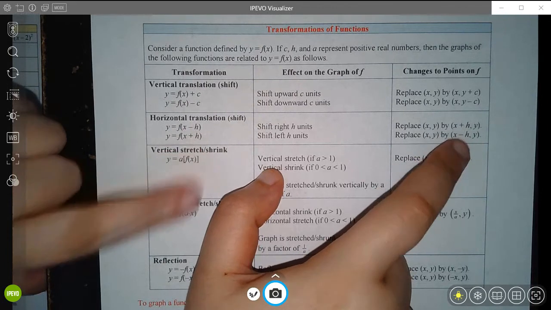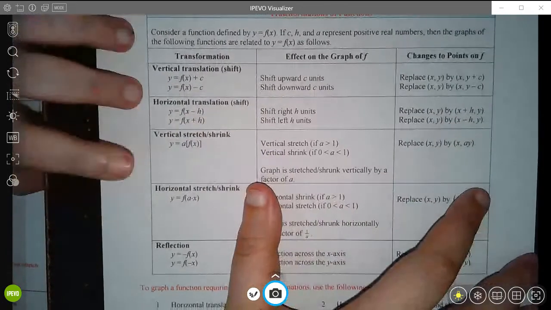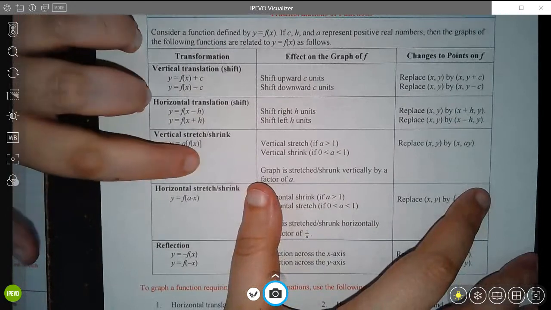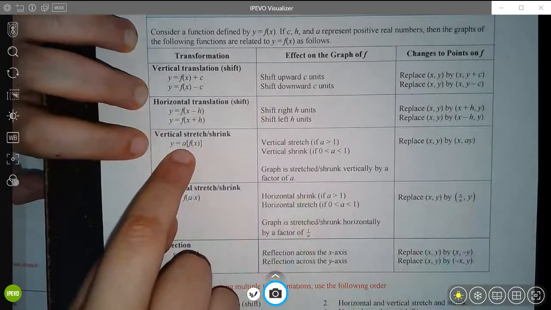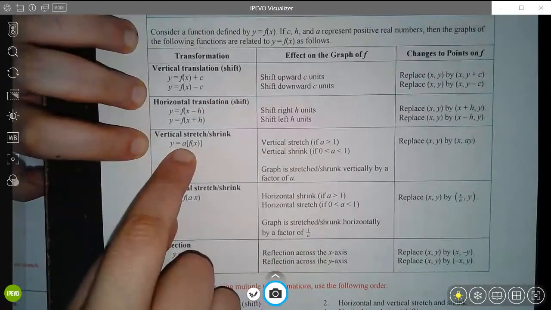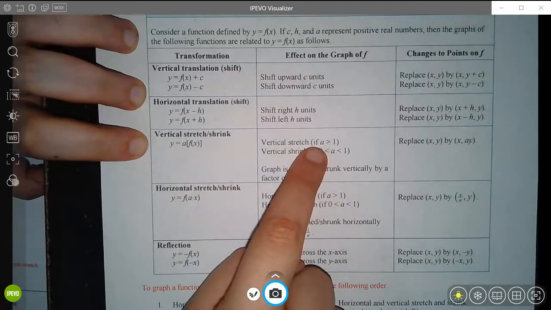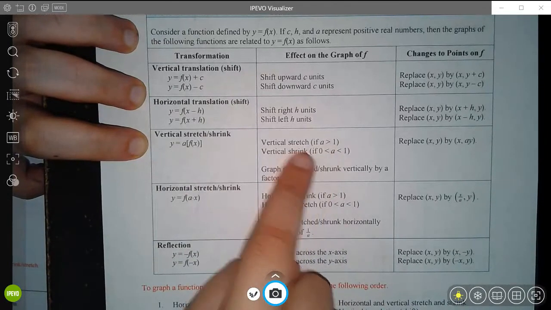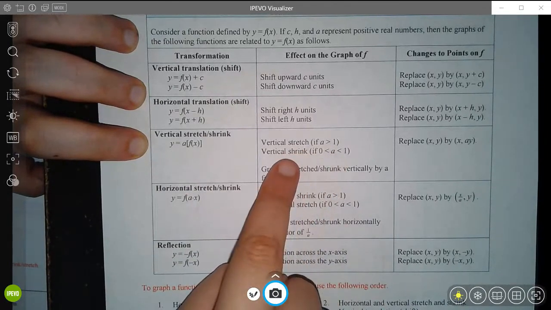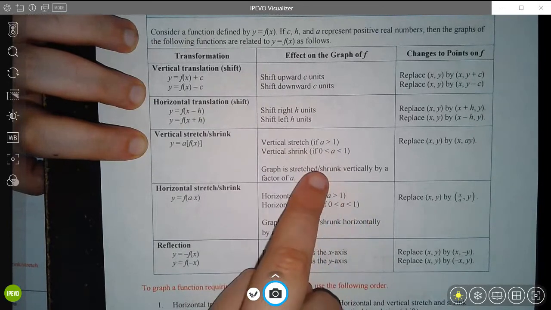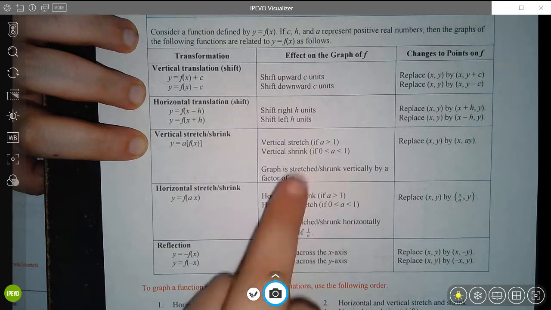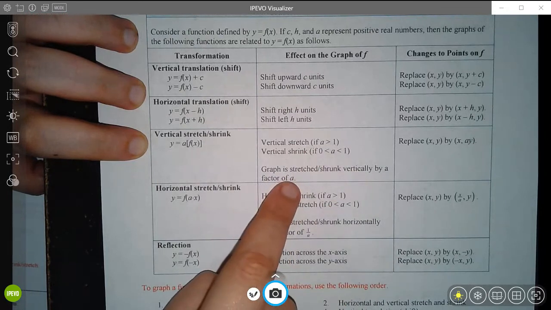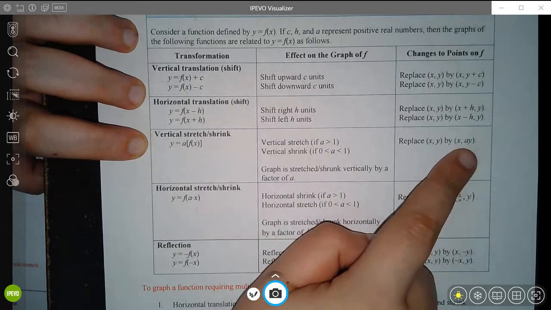Okay? Now, vertical stretch and shrink, multiplication happens outside the function. If you multiply by bigger than 1, it's a stretch. Between 0 and 1, it's a shrink. So the graph gets shrunk or stretched vertically by a factor of a. And the point is where you multiply y by a.